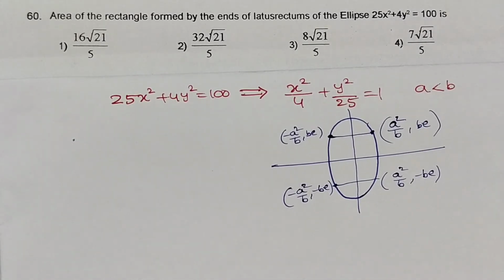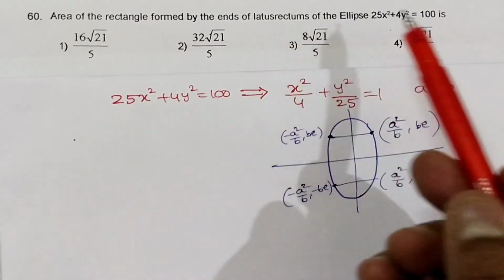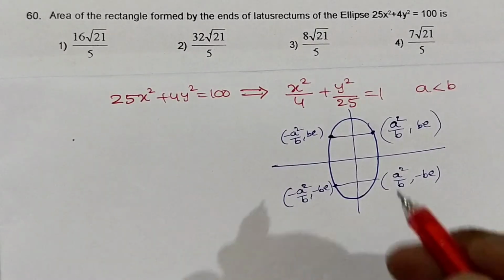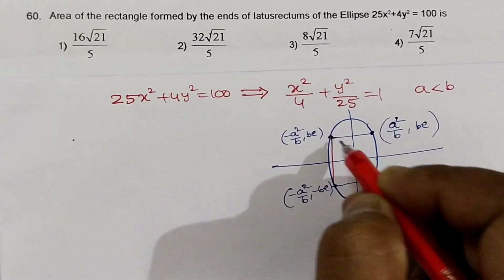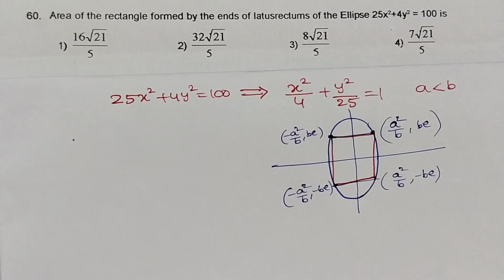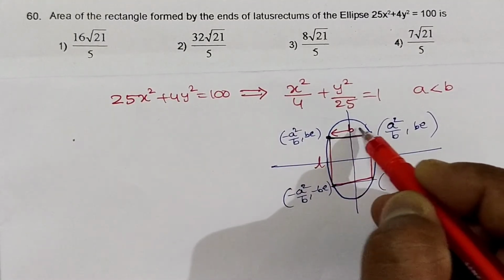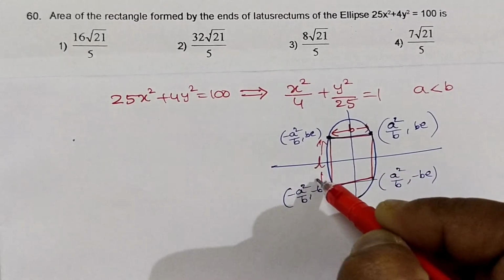They are asking to calculate the area of the rectangle formed by the ends of the latus rectum of the ellipse. So here we got one rectangle. Rectangle means length into breadth. This is L, this is B.